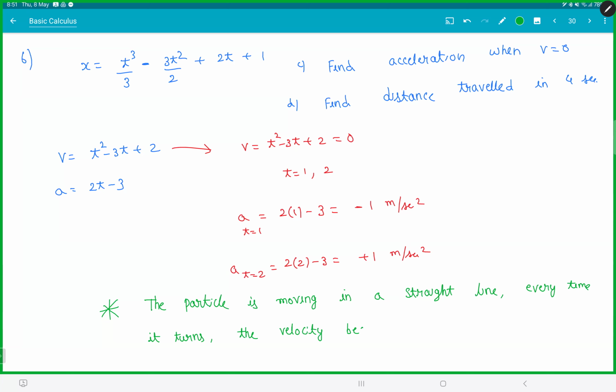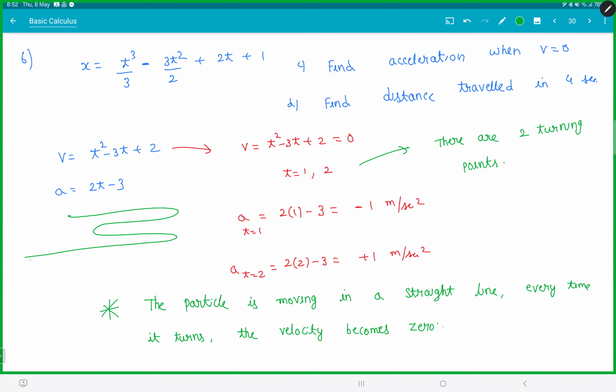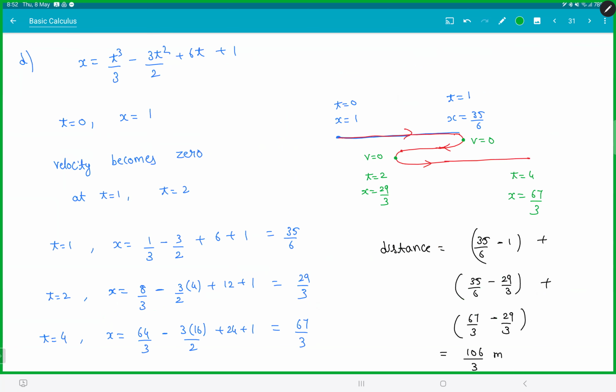These are called the turning points basically. So we found there are 2 turning points here. Suppose I got 3 times when velocity is 0, that means it will go front, stop, turn, stop, and then go back. It will turn 3 times. Is this clear, everyone?